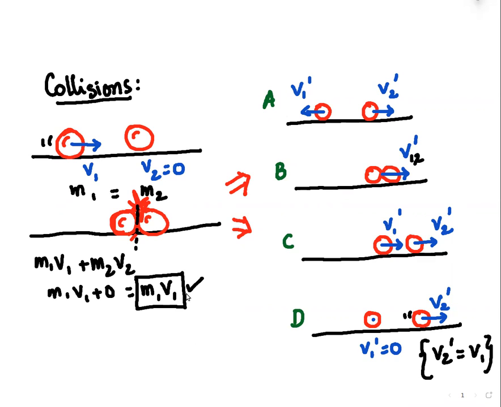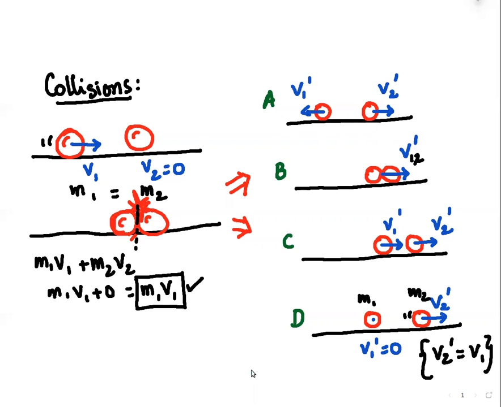So we are concluding that situation D is perfectly possible, because in this case v1 prime is equal to 0 and v2 prime has become equal to v1. Since the masses both remain the same, m1 equals m2, look at the momentum in the system.